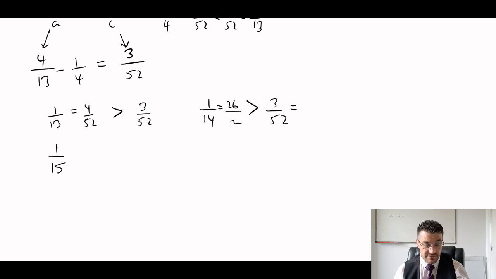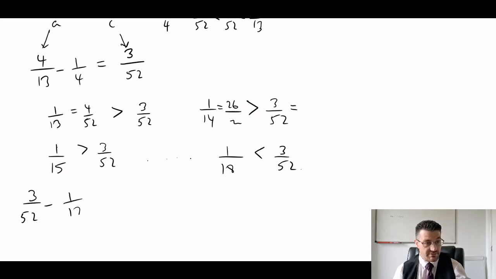I tried 1/15. Turns out that this is still greater than 3/52. And I continued until I got to 1/18. Turns out that 1/18 is less than 3/52. So 18 is the smallest natural number such that its reciprocal is less than 3/52. So then it's 3/52 minus 1/18.